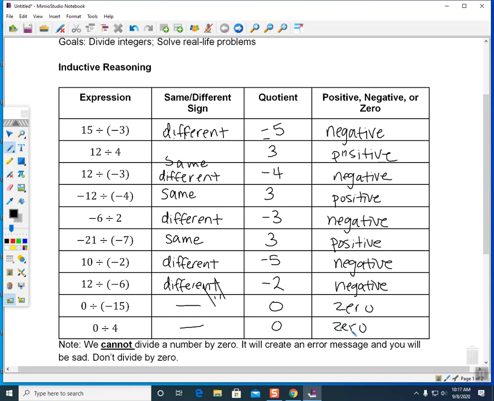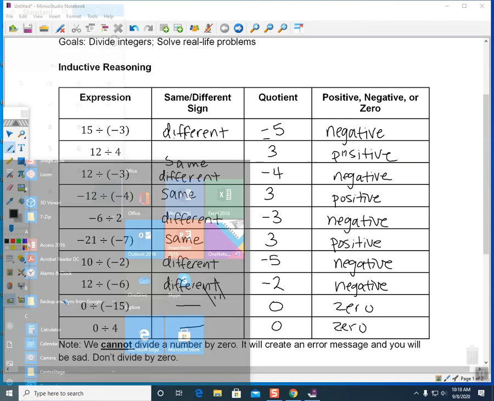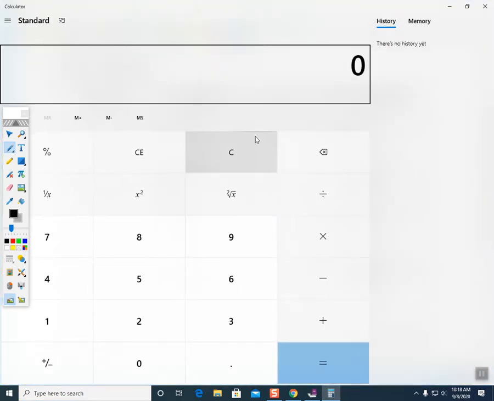Here's something that I want you to pay attention to. We cannot divide a number by 0. I can show you here even. Let's pull up the calculator, make it big.